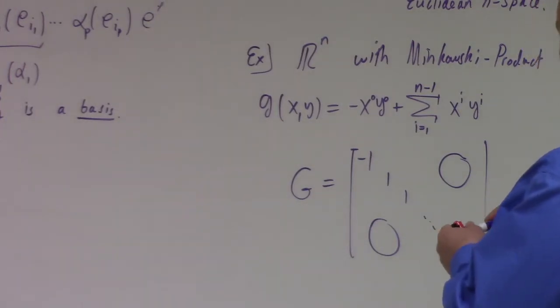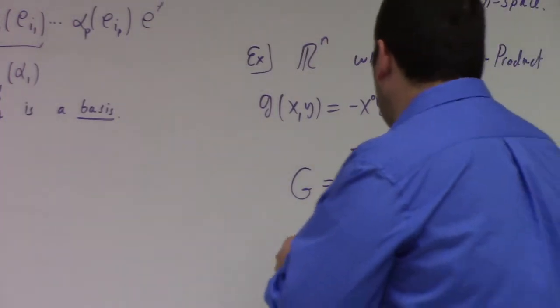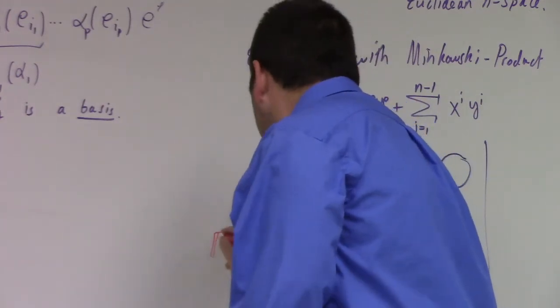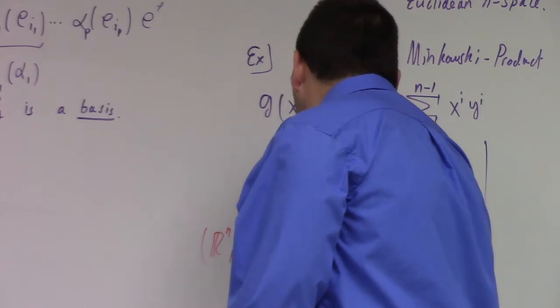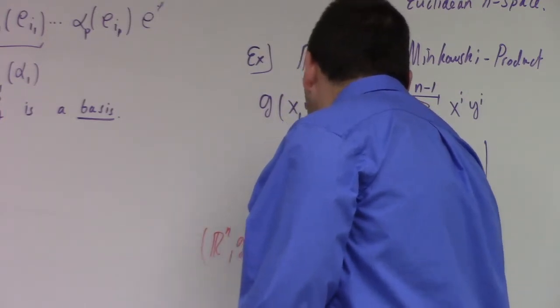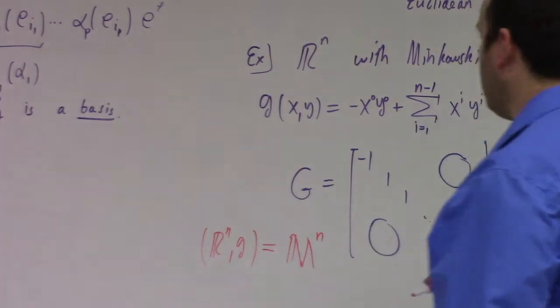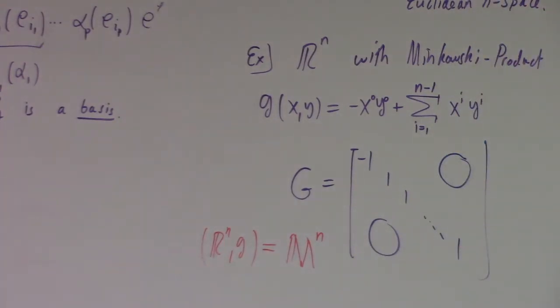So the notation for that is Mn, Minkowski space. Now that's the geometry that underlies special relativity. The zeroth component's like the time direction, the other components are like space directions, so you have space-time. And the geometry of space-time is not that of Euclidean space, it's that of Minkowski space.